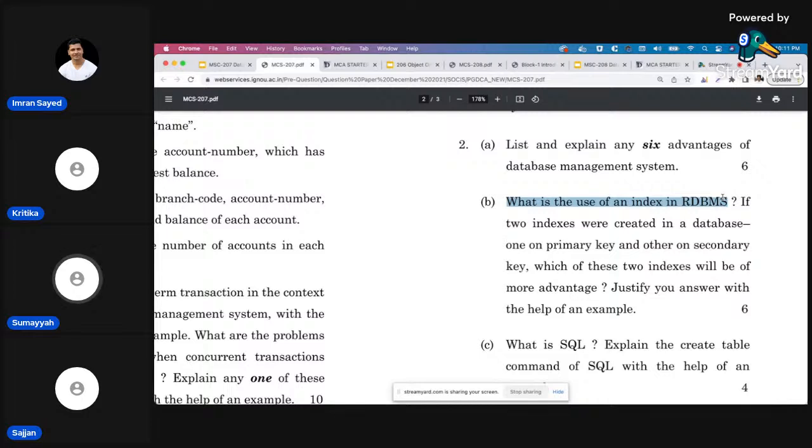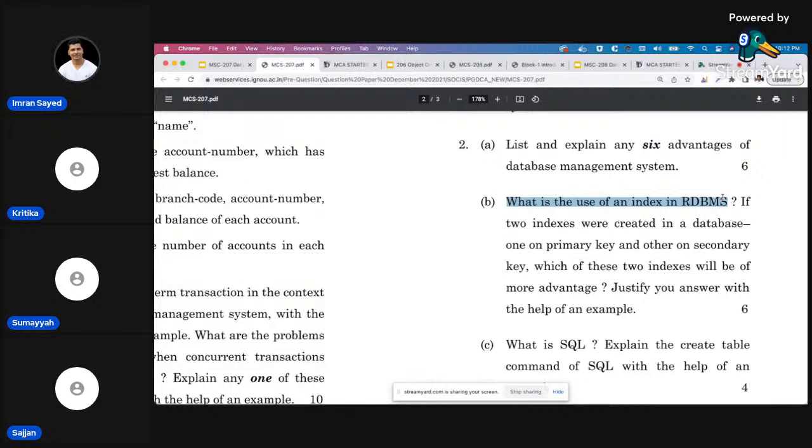Index has a search key column and another column that contains the address to the records. Yes, correct. Okay. So index is a data structure, and it is used to reduce the number of disk accesses in the database.